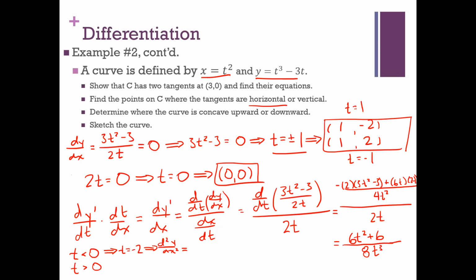Concave up. Actually it's going to be 30 over whatever the denominator is. But that is going to be positive, right? So we have concave up for negative values of t.